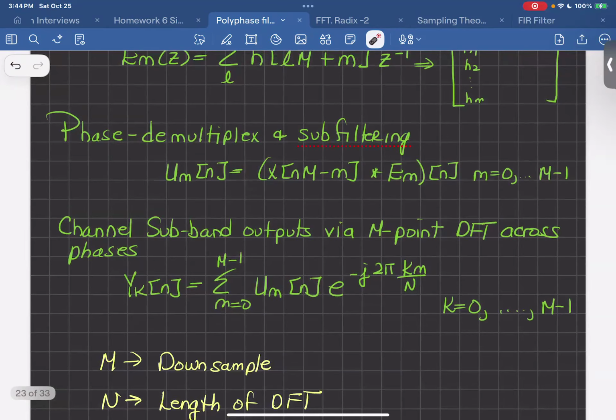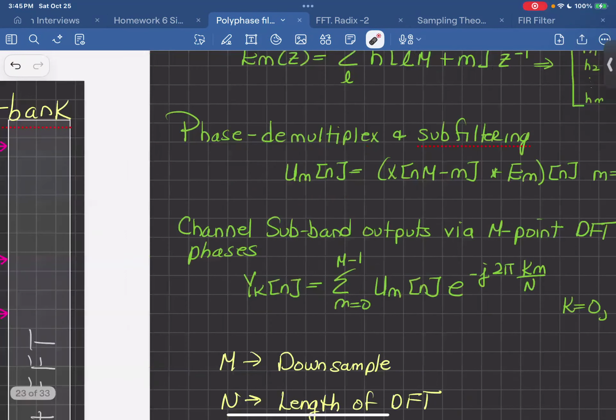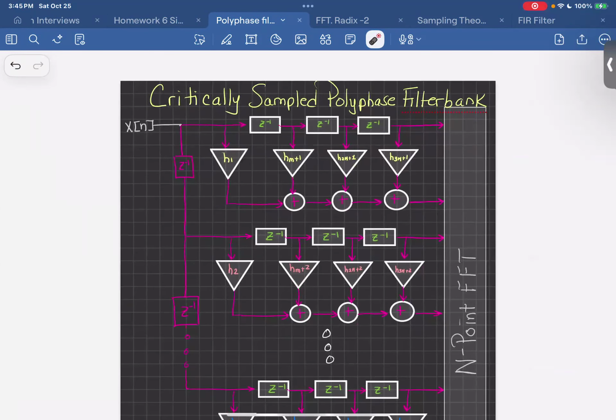And here, this is the phase demultiplex and subfiltering. So essentially, we're downsampling our input signal because each leg of our polyphase filter is delayed, right? So X0 goes here, X1 goes here, XM goes here, and then we circle back, XM plus 1 goes here. It's like you're playing cards, all right?